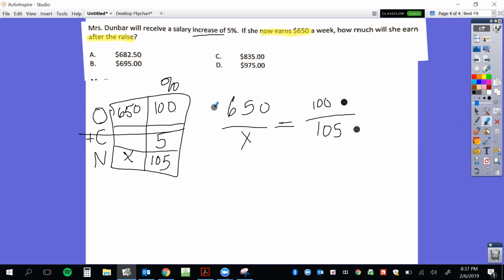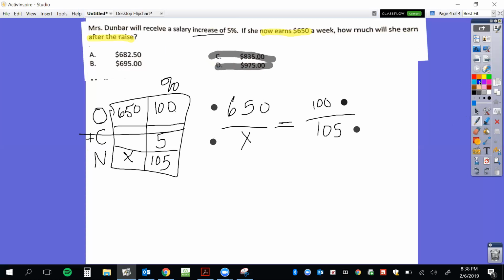Therefore, this numerator, 650, has to be just a little bit smaller than my denominator, which is X. So if I look up here, C is just way too big because 800 is a lot bigger than 600. And then the same thing with D. So those two I can get rid of pretty quickly. But A and B are my two that I still need to work out.